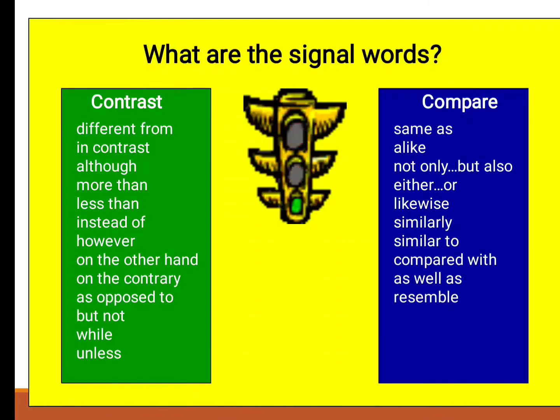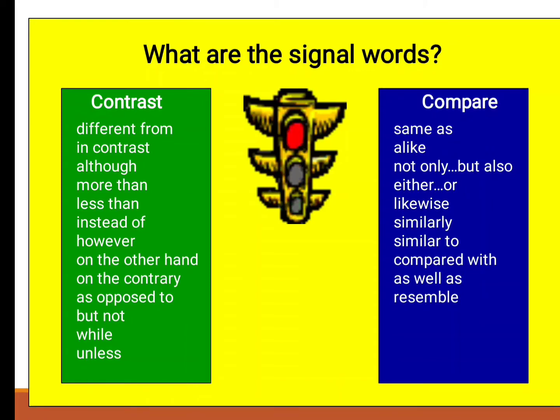Now moving on to the signal words, we have already talked about them in cause and effect as well. Signal words are also used in compare and contrast. For contrast, you can use the words that are written in the green box, for example, different from, in contrast, although, more than, less than, instead of, however, on the other hand, on the contrary, as opposed to, but not, while, and unless.